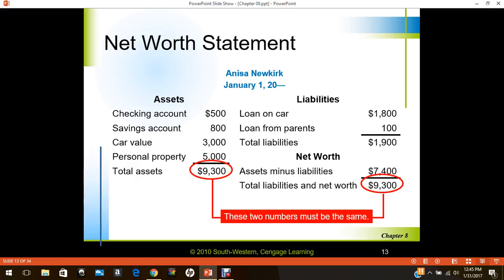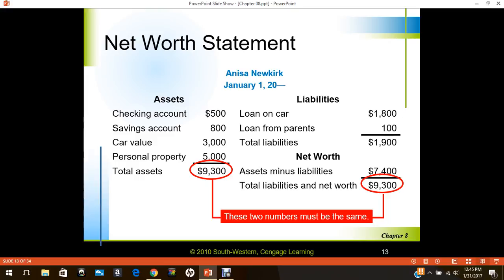The next thing we're going to do is take a look at the liabilities. Notice that she has a loan on her car in the amount of $1,800. She also has a loan from her parents for $100, bringing her total liabilities to $1,900. In order to calculate her net worth, we take her assets and subtract her liabilities, giving her a total net worth of $7,400.